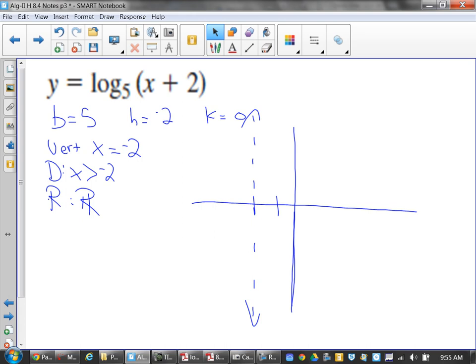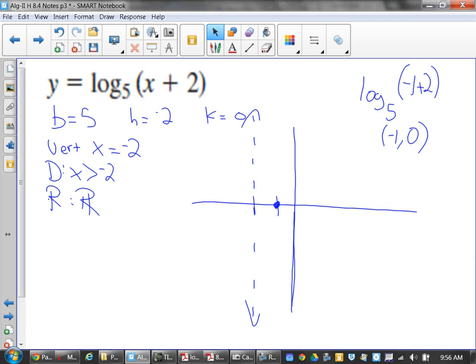I use -1. Everybody see what we're going to do here? I want log base 5 of -1 plus 2. That gives me log base 5 of 1, which is 0. So my ordered pair would be at -1 and 0. You okay with that?